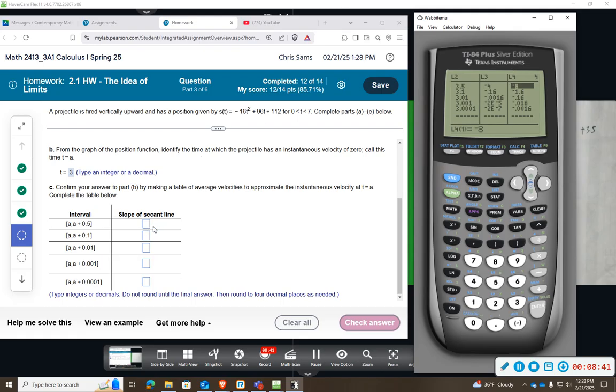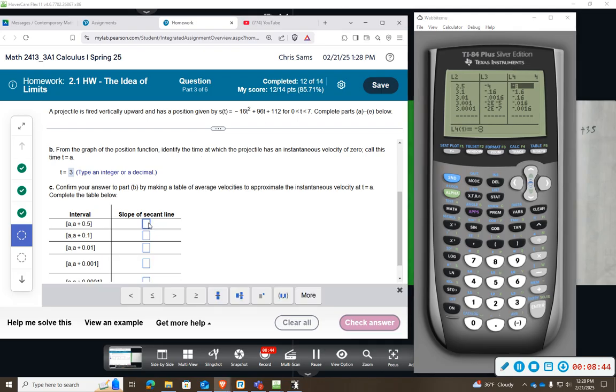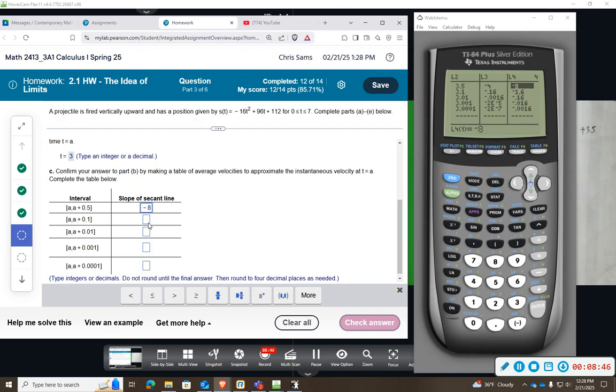Alright, so we get these values. I'm going to just slowly input them. So we get a negative 8, then negative 1.6, and then negative 0.16, negative 0.016, and then negative 0.0016.